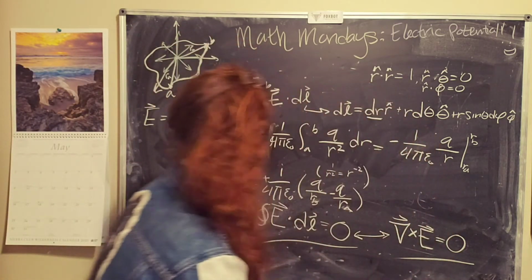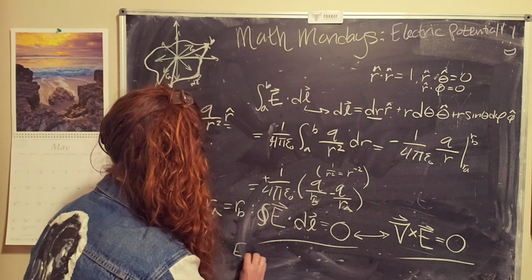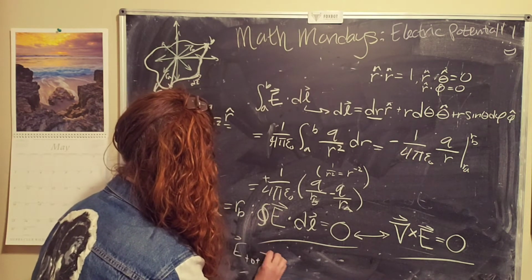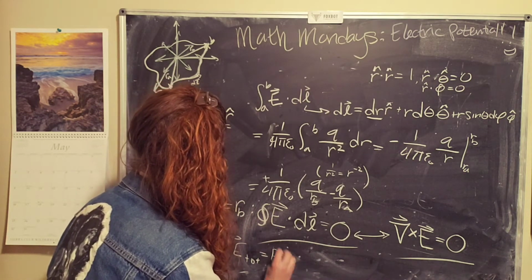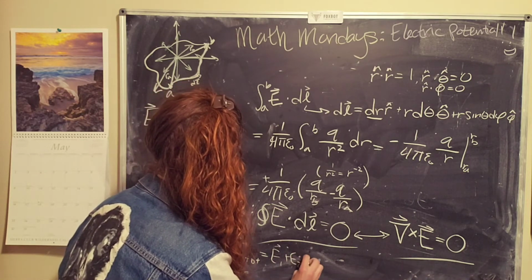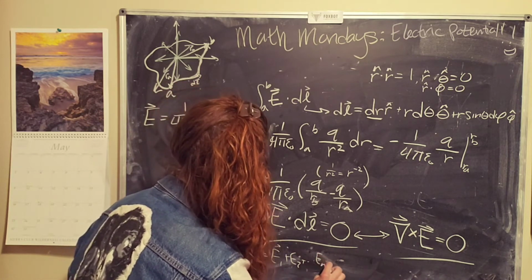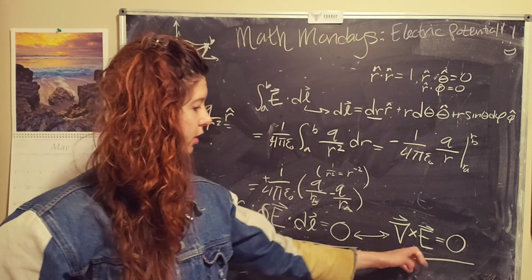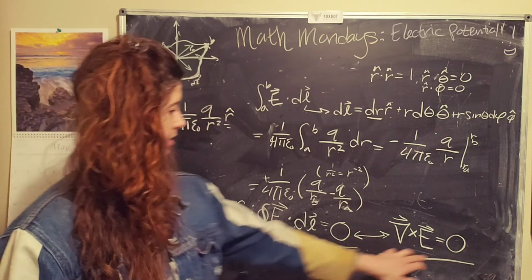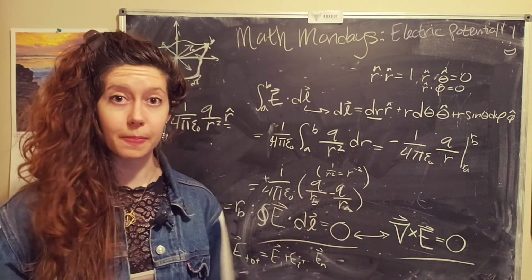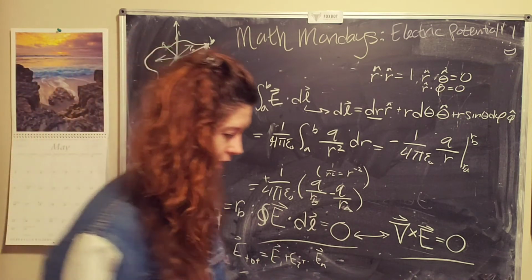Basically, the total electric field can be summed up over all the different charges. So I'm not going to write that out, but you can replace this into here and show that it holds true for many charges as well.